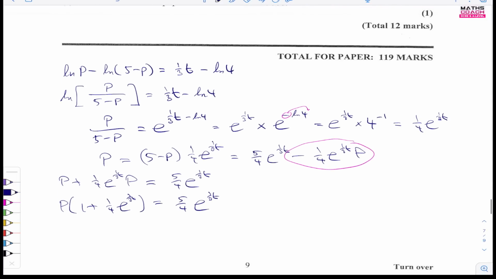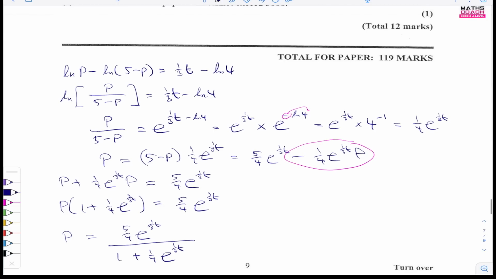And then divide across by the bracket. So p therefore would be 5 over 4 e to the power of 1/3 t over 1 plus 1/4 e to the power 1/3 t.